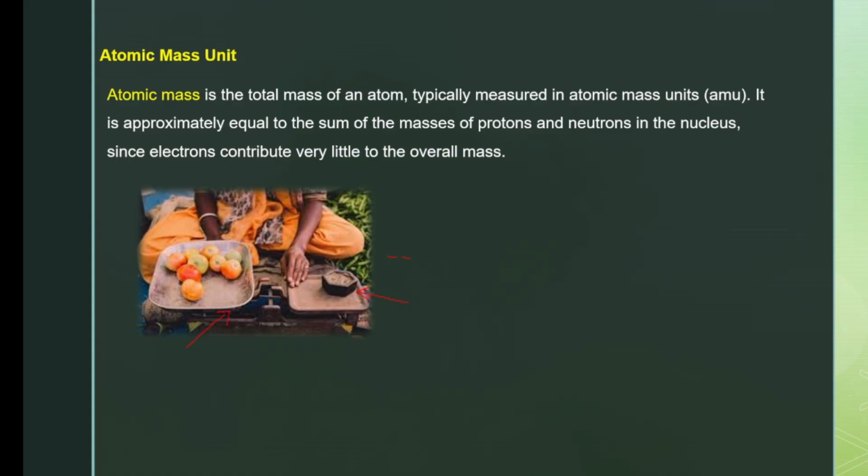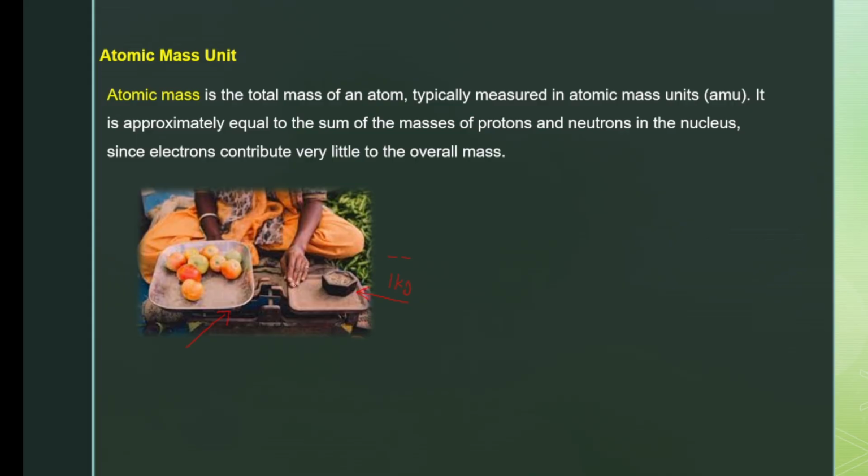So what we are doing normally is comparing against a standard weight. This is 1 kilogram, a standard weight, isn't it? We assume that it weighs actually 1 kilogram, and with relation to this we put the vegetables in this pan.